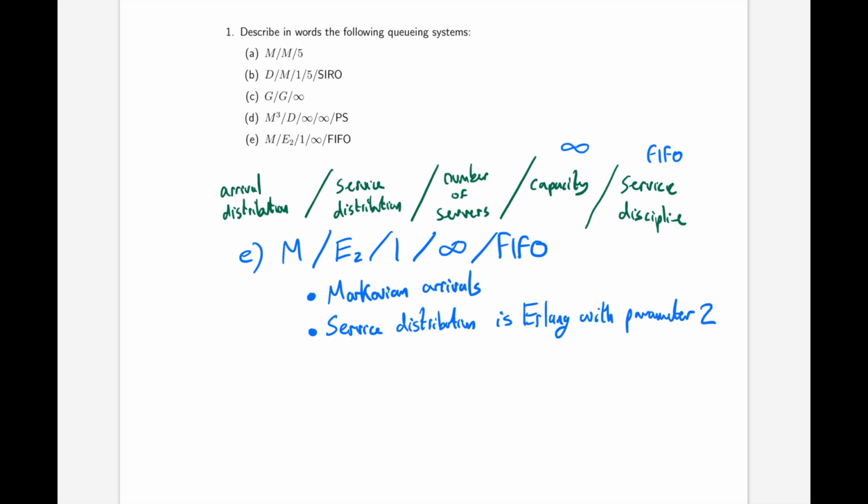And an Erlang distribution with parameter 2 is the sum of 2 independent exponential random variables. The third component says we have 1 server. The fourth component says we have infinite queuing capacity. And the last component says the service discipline is FIFO, which stands for first in, first out.